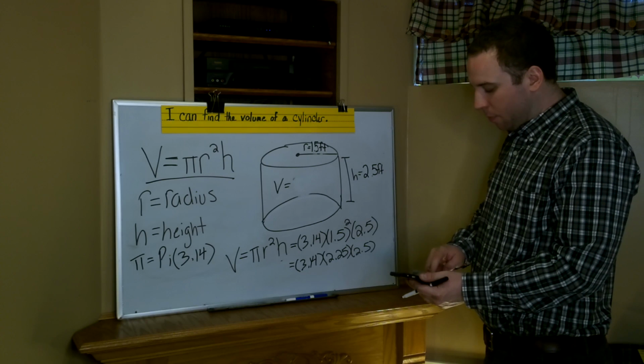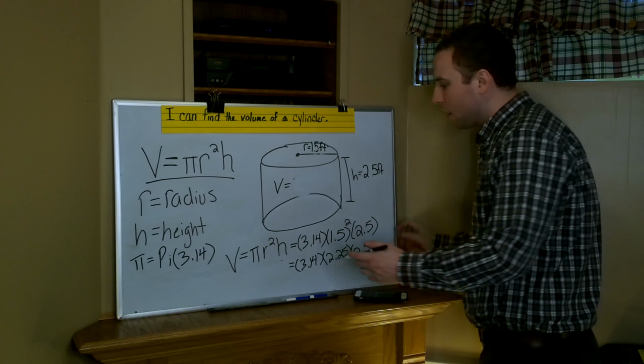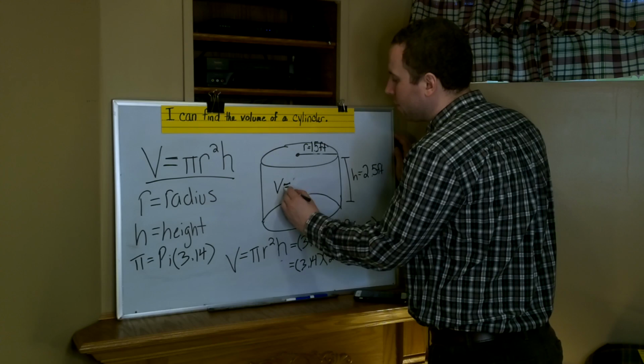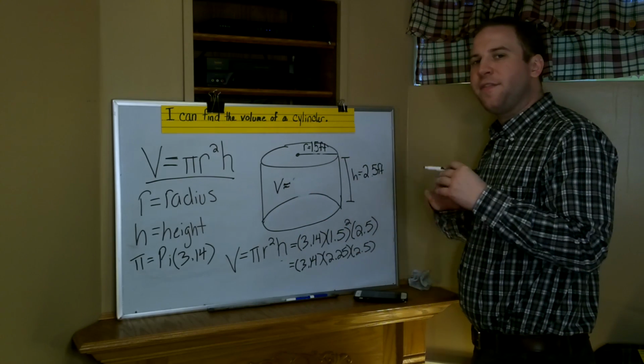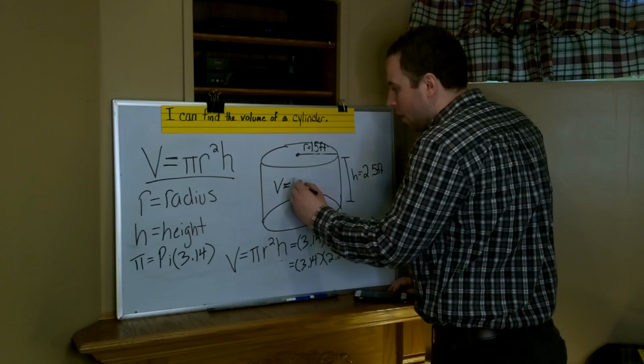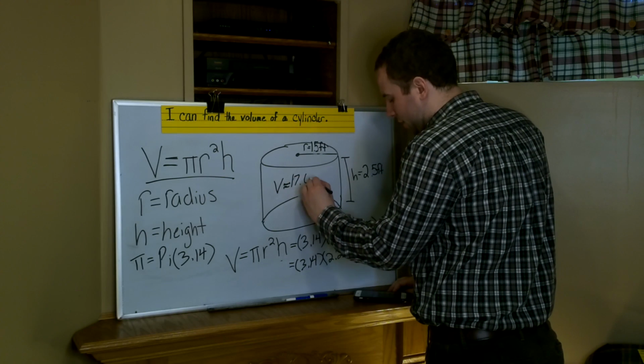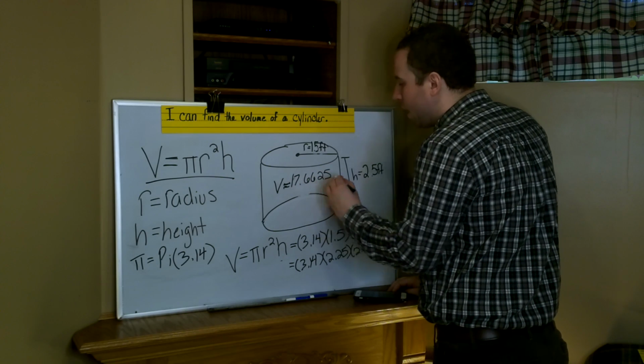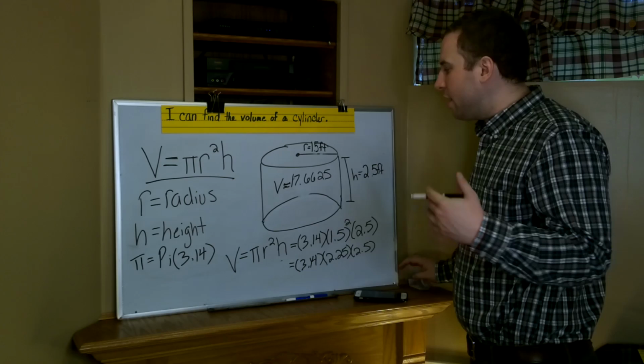And once again, you can put this in any order, it does not matter. Now, our volume, notice before we had a very finite answer. With this one, we got a little bit of a long decimal. We got 17.6625. And let's say for this, I want you to round to the nearest tenth.